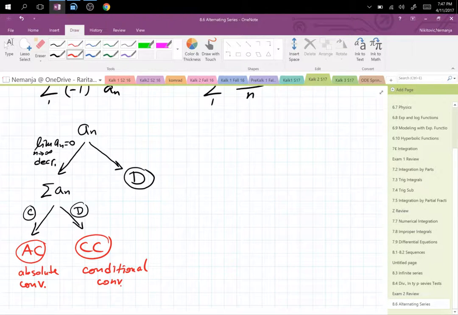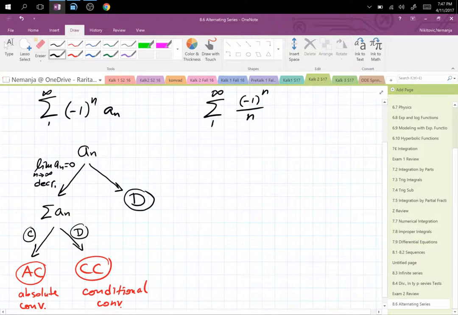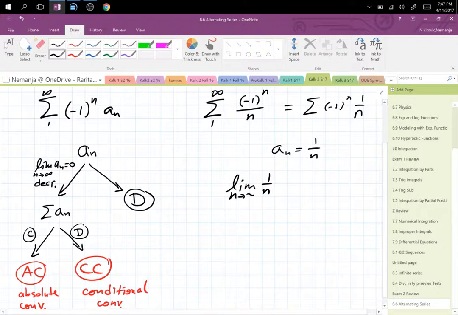Now, to take a look at my problem, I can rewrite this problem as the summation of negative 1 to the n times 1 over n. So my a_n is 1 over n. I will check the limit of 1 over n as n goes to infinity, and I will get 0.